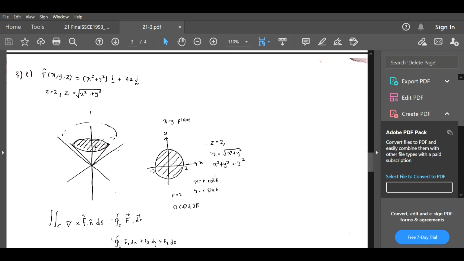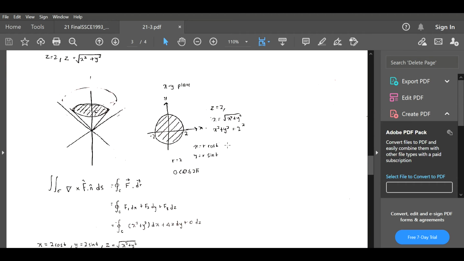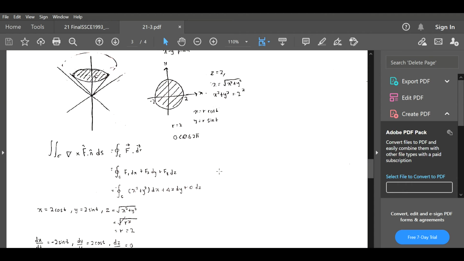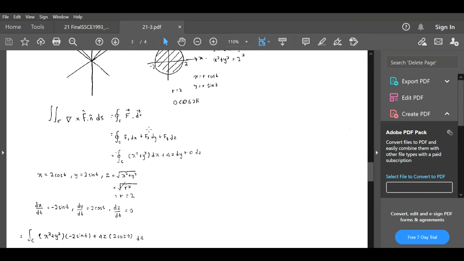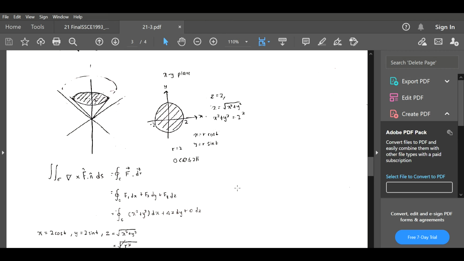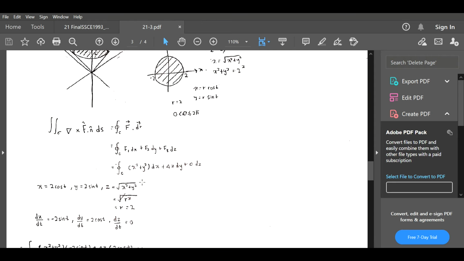Since this is a curve, we know that x equals r cos t, y equals r sin t. So we write here that our r is 2, so x equals 2 cos t, y equals 2 sin t, and our z is from here, x squared plus y squared.